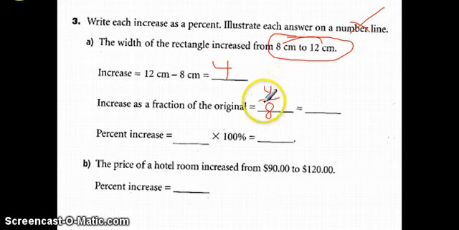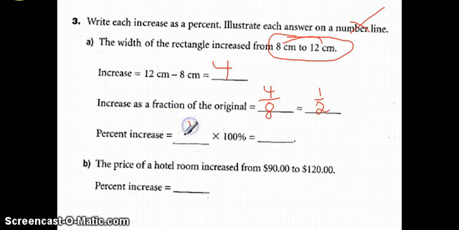For example, if your home went up $40,000 and your original price was $80,000, you would put 80,000 on the bottom. Okay, so wherever your original one goes on the bottom. And this, of course, is the same as saying a half. Okay, 4 goes into 4 once, 4 goes into 8 twice. So it increased by half.